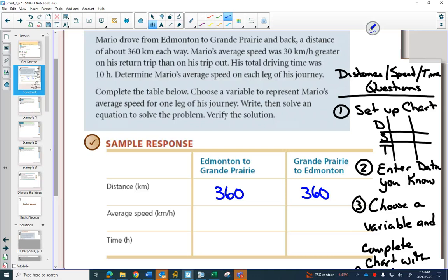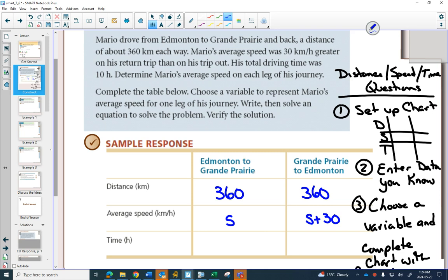We don't know the average speed, so we choose a variable. I'm going to choose S for average speed. And it was 30 kilometers greater on the return trip, so this one is S, this one is S plus 30.